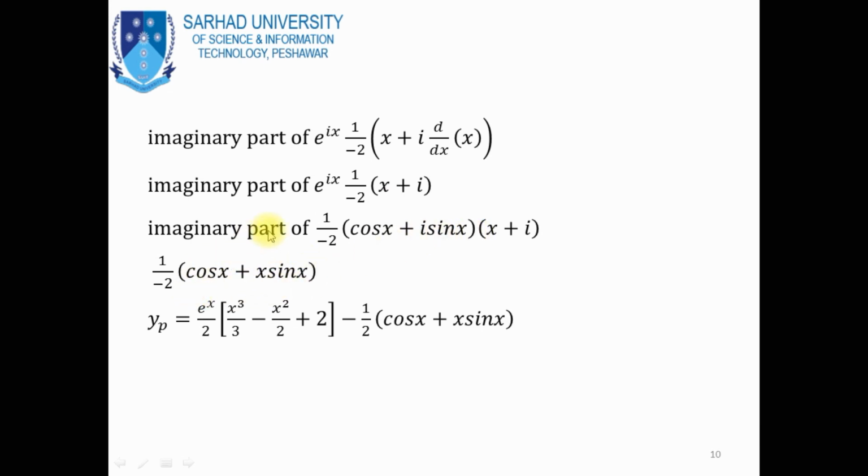So this is the second part of the particular solution. Now the whole particular solution is equal to e power x divided by 2 into (x cube minus 3 minus x square plus 2 plus 2x) minus 1 over 2 (cos x plus x sin x).